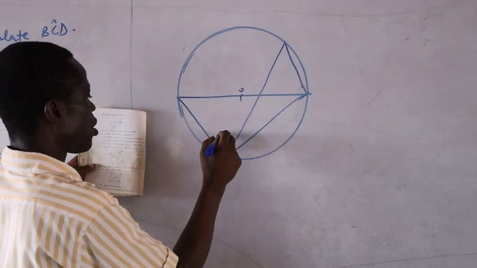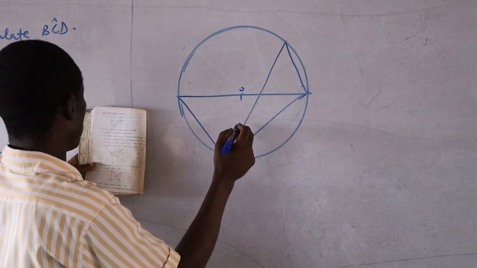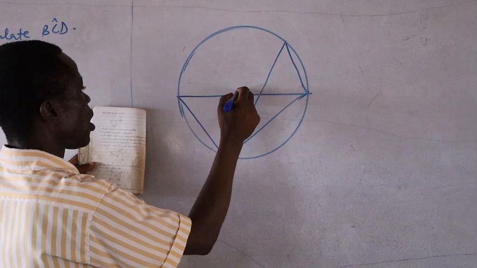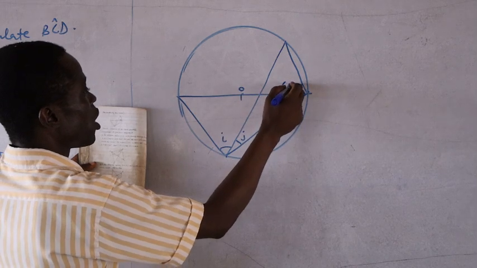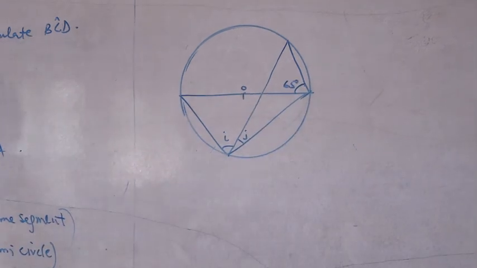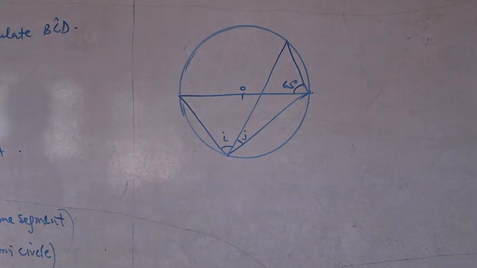This is I, this is J, this is O, and this is 65 degrees. Now let me give you 5 minutes to do this. That 5 minutes is too much for that.